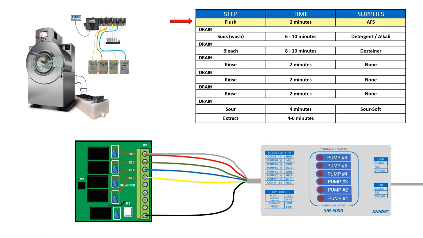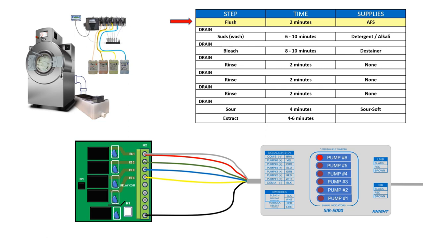We're going to start out our wash formula with a flush. A flush fills the machine with high water, normally at warm temperatures, and it flushes out as much gross soils as we can before we actually add chemical products. During the flush cycle, if auto formula select is chosen, it will send a signal to our signal interface module.